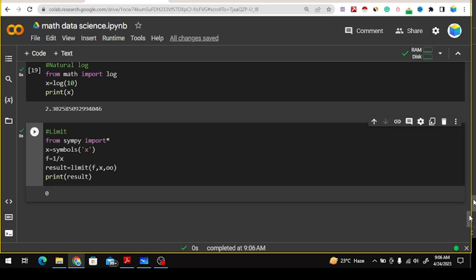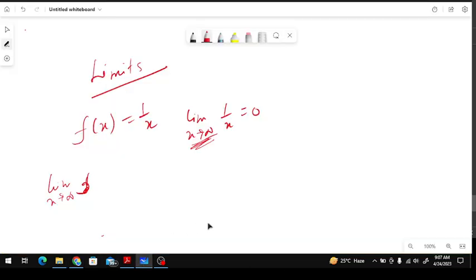We discovered the Euler number e this way too, by extending n into infinity for this function also. If I write this type of function with limits, let's see.